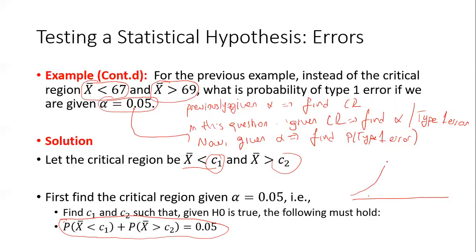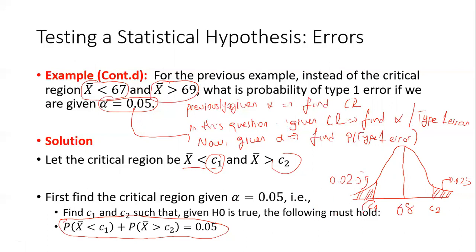So this is the distribution of x bar, and this is 68. I will find C2 here, and there is a shaded region there. I will find C1 here, and there is a shaded region here. The shaded region will be 0.025, and the shaded region here is 0.025, and the sum of them is equal to 0.05.